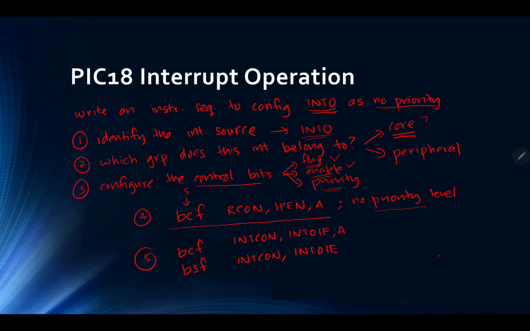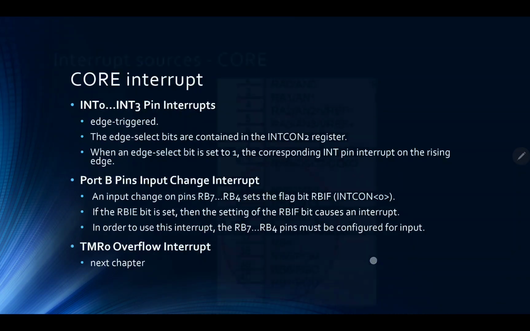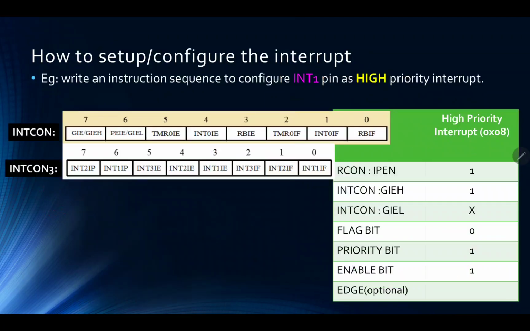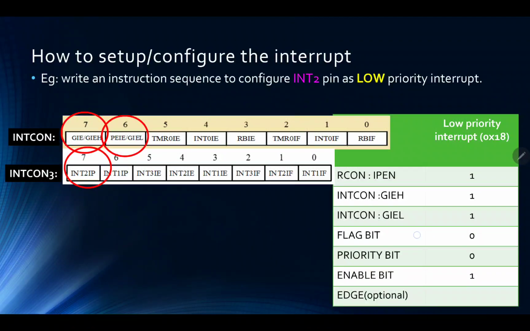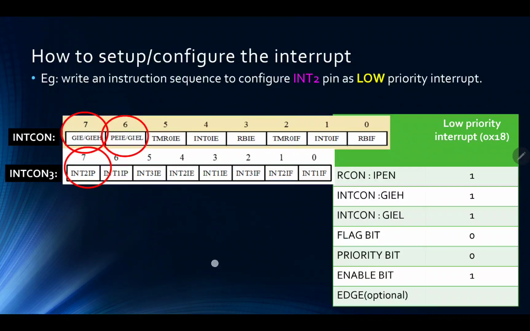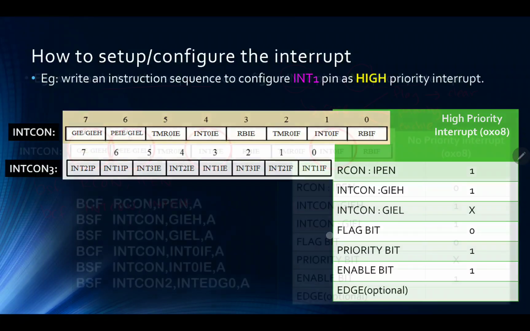Now let me see if you have INTCON2 or INTCON3. Under INTCON2 or INTCON3, when you try to search, you will not find INT0IP, which is interrupt priority. That is because for interrupt 0, by default it is high priority.